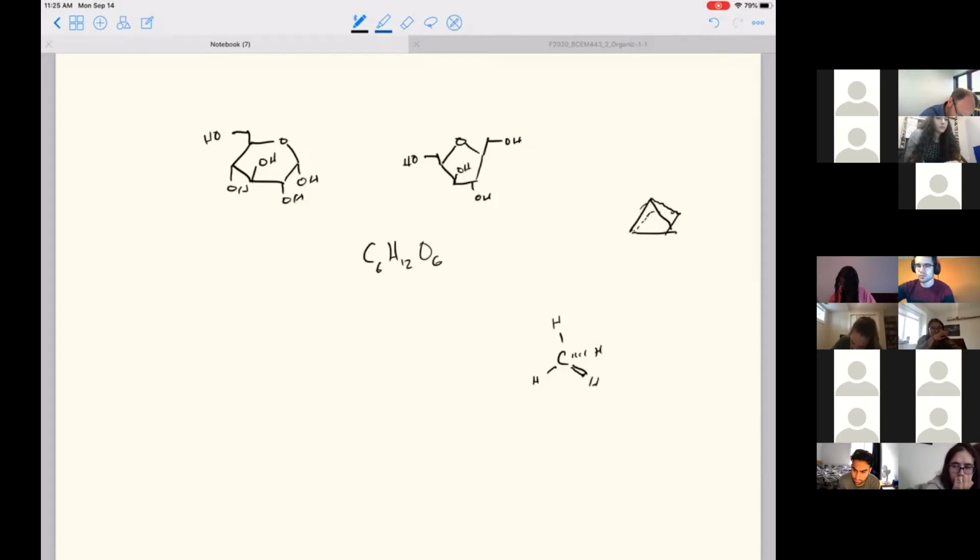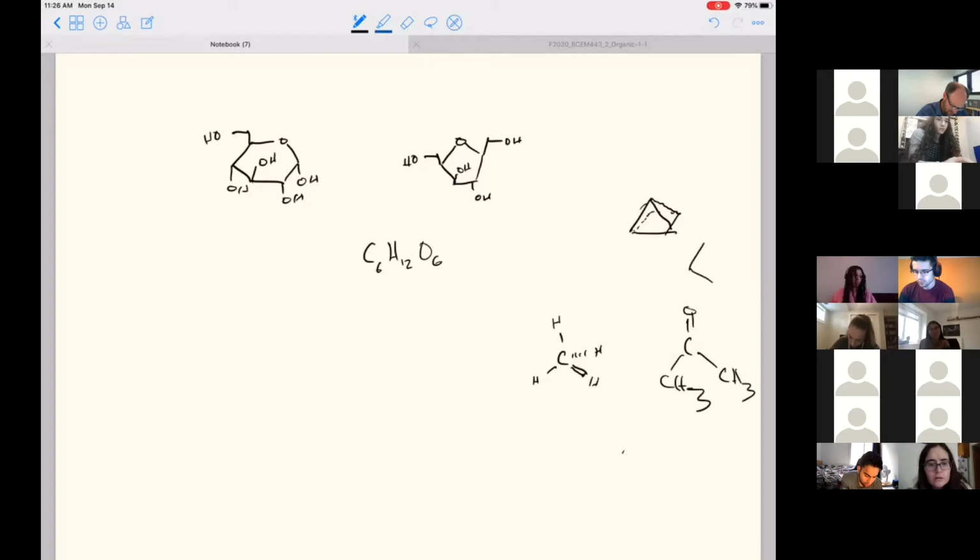But when you have a double bond, say a carbon-oxygen for a carbonyl, this is actually flat. It just takes up a flat plane. So anything with a double bond doesn't have free rotation about that bond.